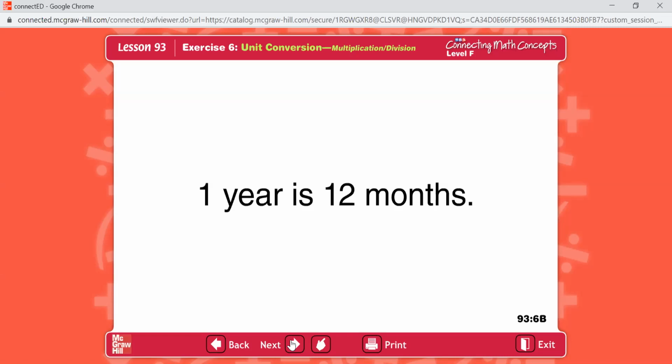How many times more months are there than years? 12 times more months. So to end up with months, you need to multiply by 12. And to end up with years, what do you need to do? To end up with years, you need to divide by 12.